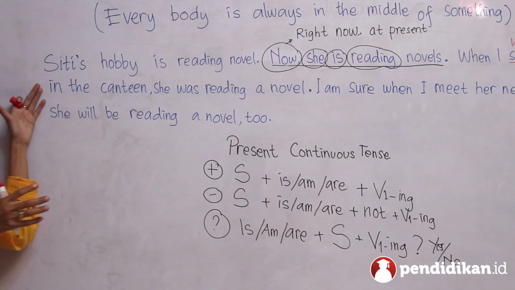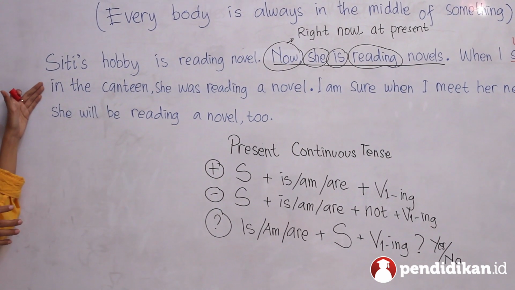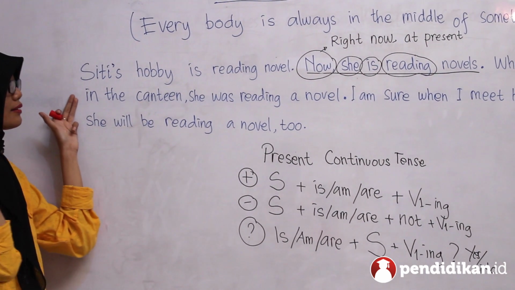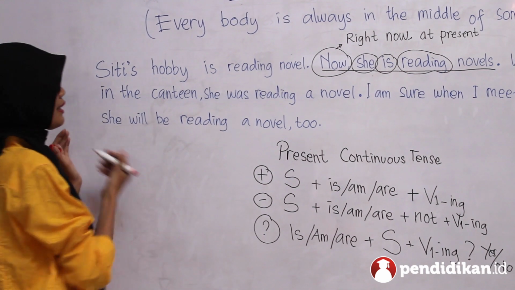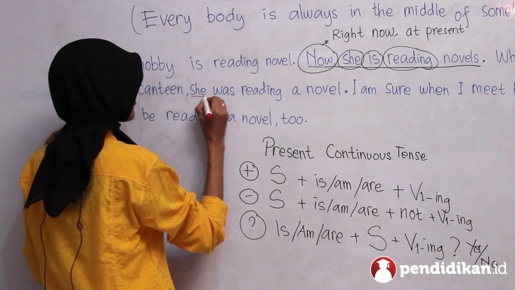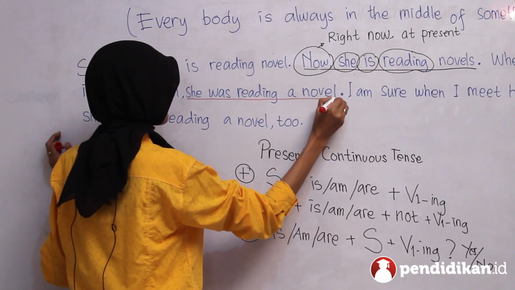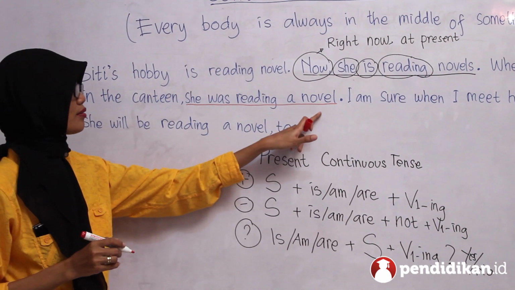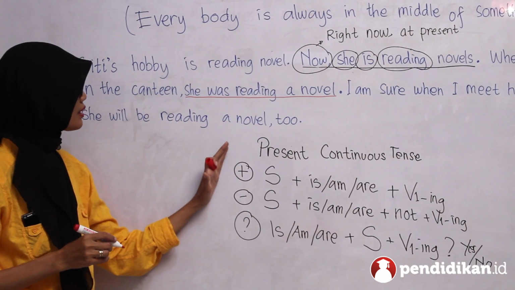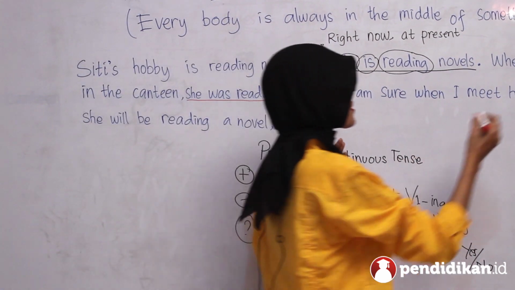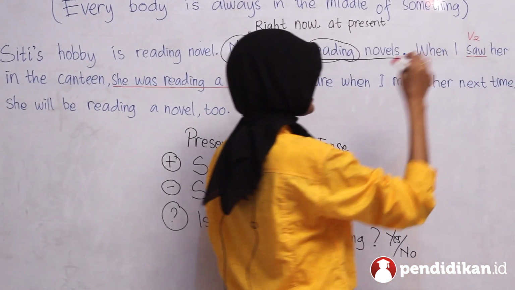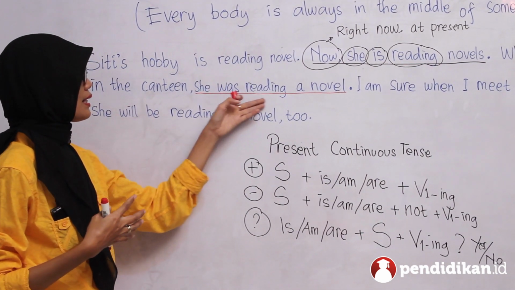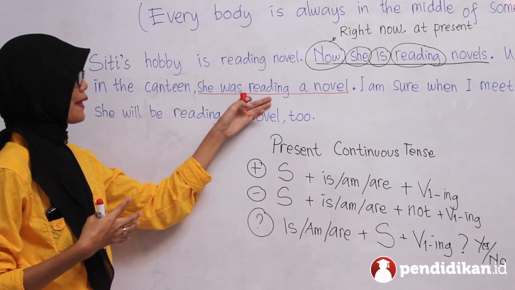So, the activity happened in the past. Let's see the sentence. She was reading a novel. The time signal, we have "when". It indicates that the action was happening in the past.